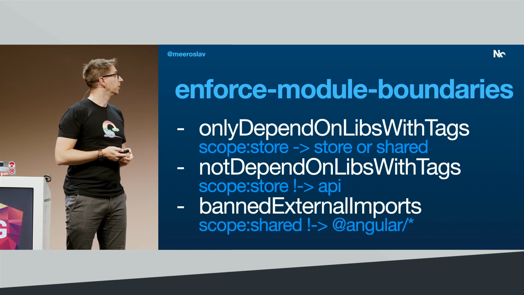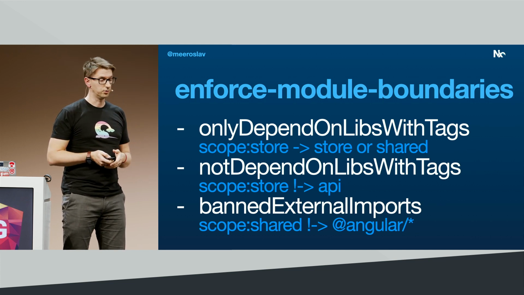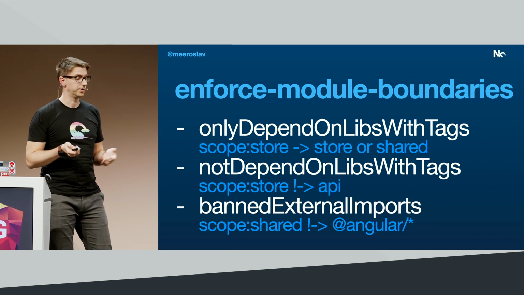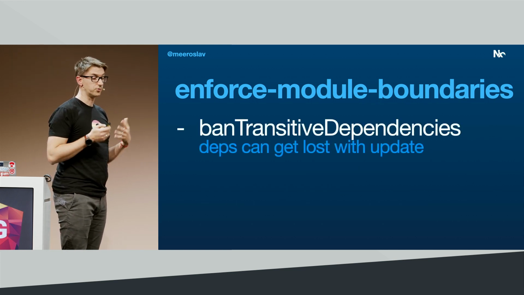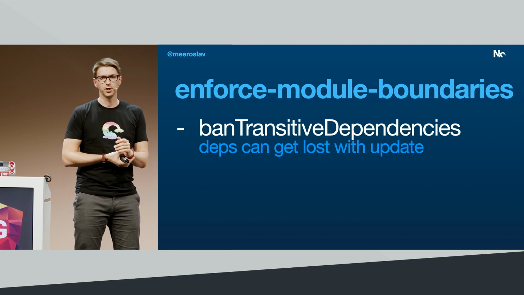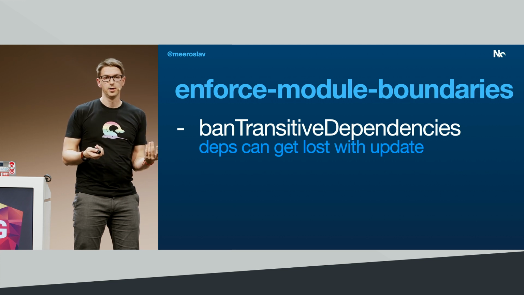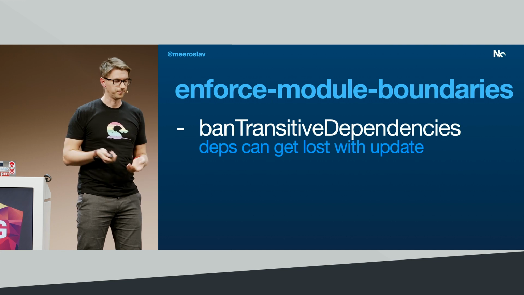Or, as I mentioned, you can specify that you want to ban specific external imports or a specific family of external imports. Additionally, you can say that you want to ban transitive dependencies, because this is not really good. Transitive dependencies are tricky because they are not in package.json, so today they might be there. Once you install the next version, they might disappear.